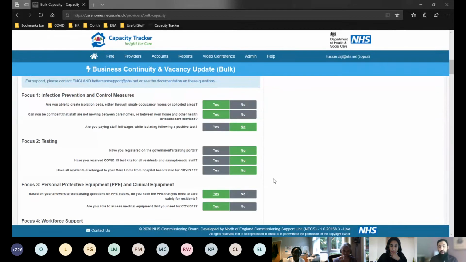So give it the best guess in terms of the answer that you can give, or potentially get into contact with these staff if they come into your home to do a shift, to understand how much they are moving around care homes. Unfortunately, the reason they've done it yes or no is because then they can report on it much easier, and it's easier to fill out, but it doesn't allow for these discrepancies. So best guess, unfortunately.